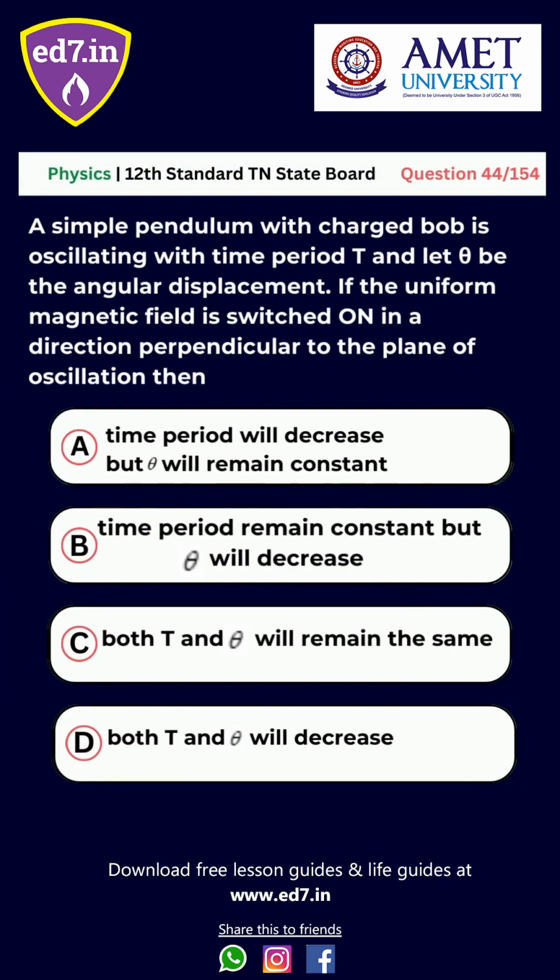Question number 44. A simple pendulum with charged bob is oscillating with the time period T and let theta be the angular displacement. If a uniform magnetic field is switched on in a direction perpendicular to the plane of oscillation, then: option A, time period will decrease but theta will remain constant.